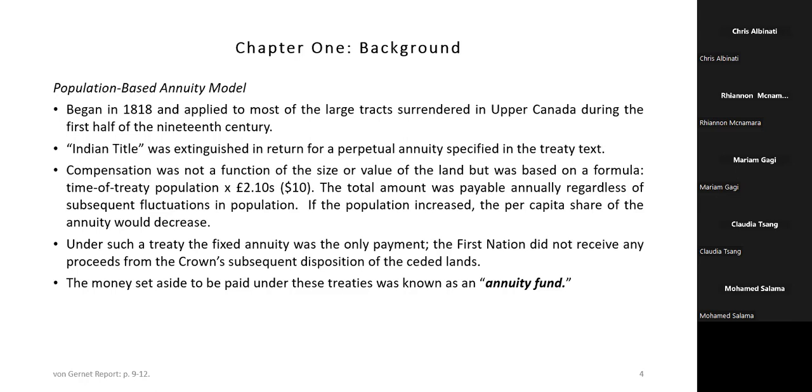That's how it was actually stated. And the only point I'm making is that effectively, what an increase in population meant is that they would be getting less.